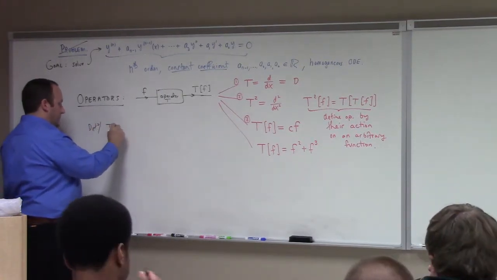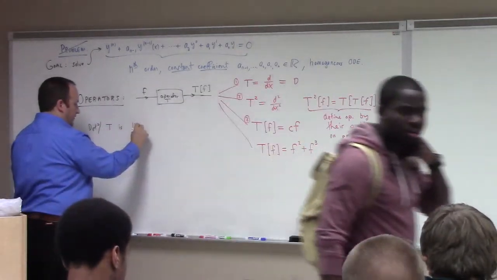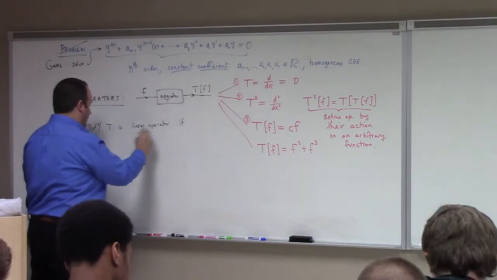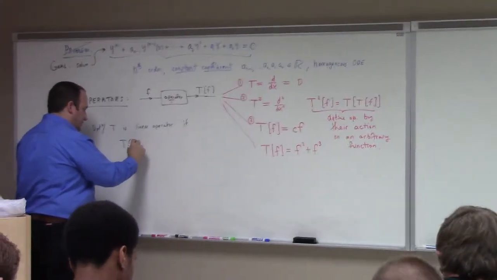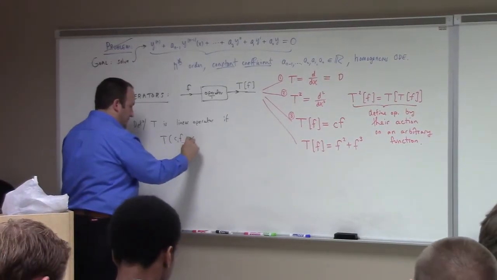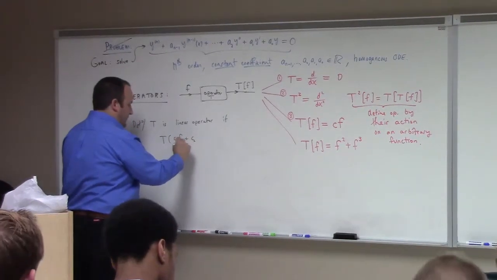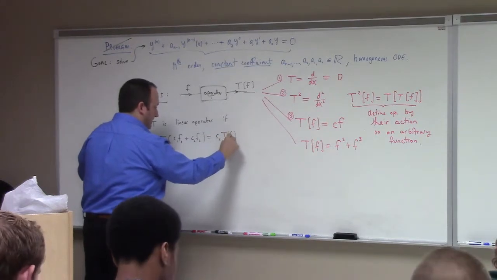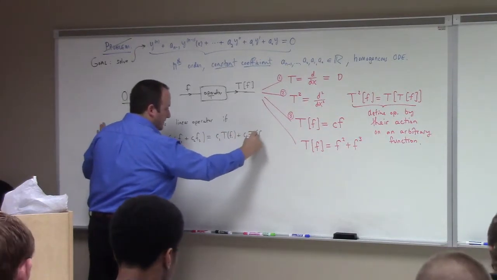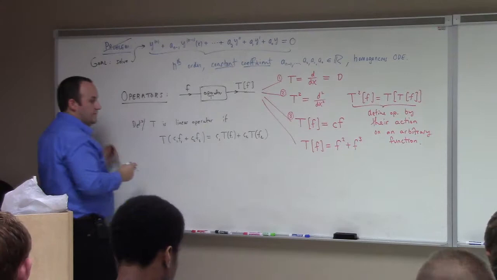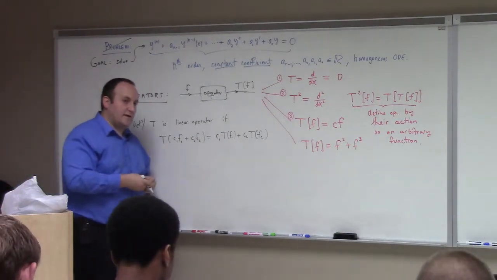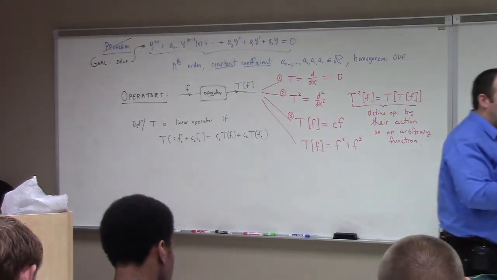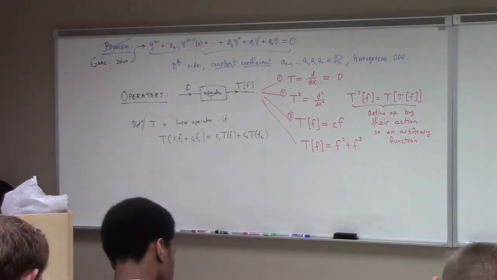T is a linear operator if T of (c1 f1 plus c2 f2) is equal to c1 T of f1 plus c2 T of f2. So linear operators allow us to break up linear combinations. We can pull constants out and we can break up across addition.